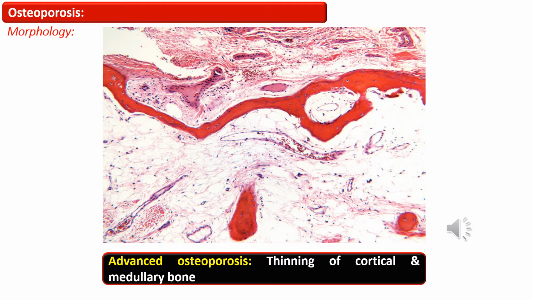As the disease advances, there is involvement of both the cortex and the medulla, and both of these areas become very much thin, and as is evident from this picture, there are islands of bony spicules or bony tissue, and the cortex is also very much thin.